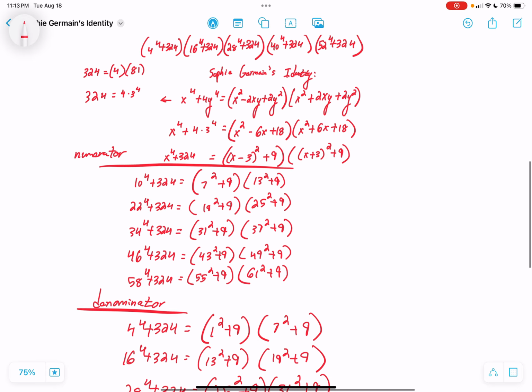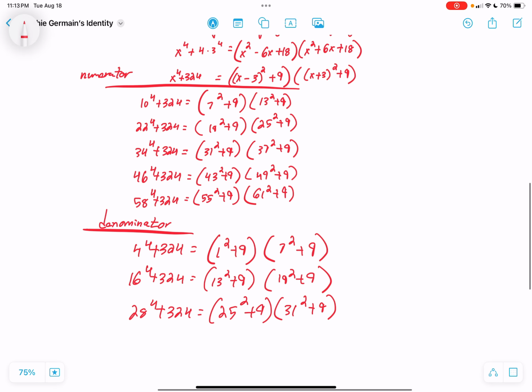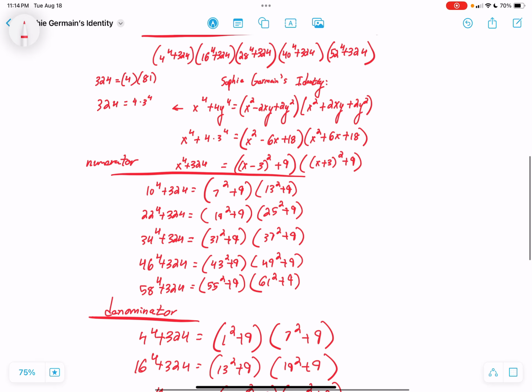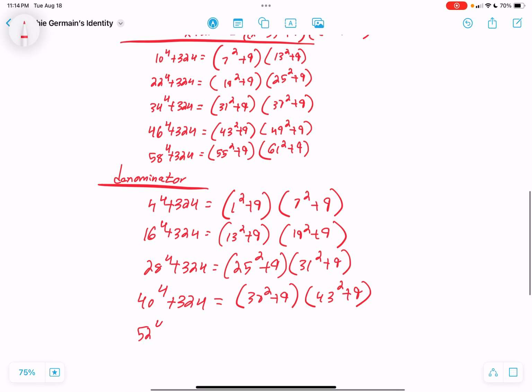Then we have 40 to the 4th plus 324 is going to be equal to 37 squared plus 9 times 43 squared plus 9. And lastly, we have 52 to the 4th plus 324, which is equal to 49 squared plus 9 times 55 squared plus 9.